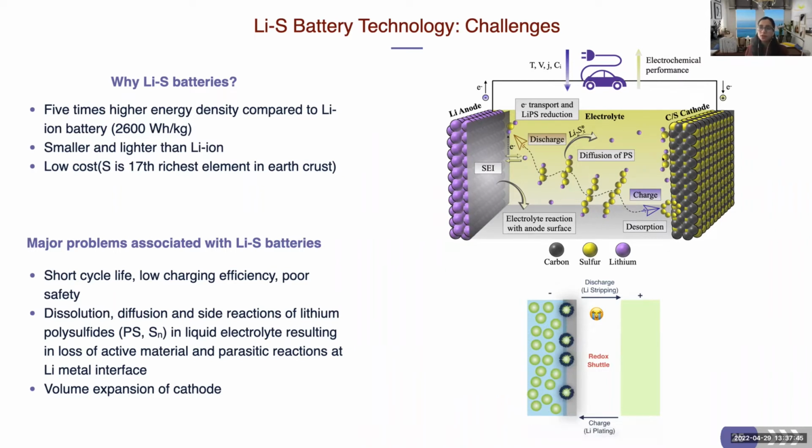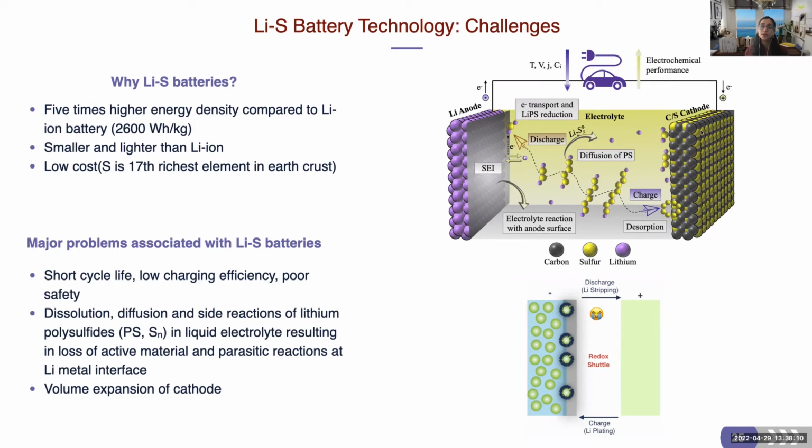They react with the cathode and result in formation of a lot of different polysulfide species like Li2S2, Li2S4, all the way to Li2S8. That's fine, but then these different species start migrating toward the anode side and result in parasitic reactions at the electrode and in the solution. So that's one of the major challenges in these batteries.